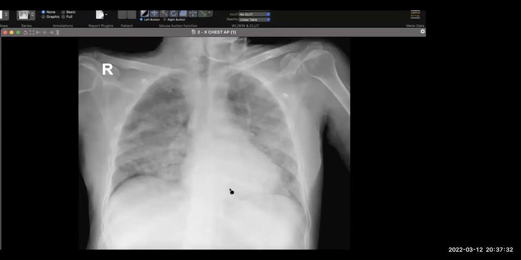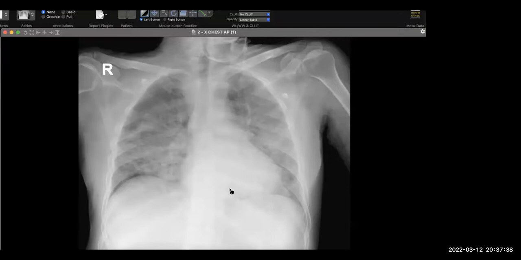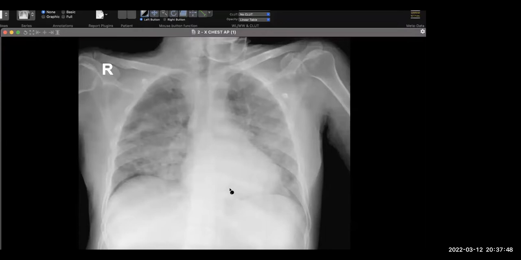I can also see there is a possible cavitatory focus along the left upper zone. I'm trying to see the cardiophrenic contours, and they appear to be almost non-obliterated. The cardiac size appears to be mildly enlarged.